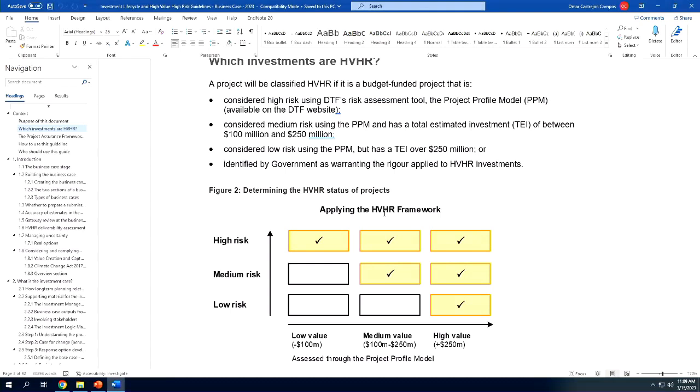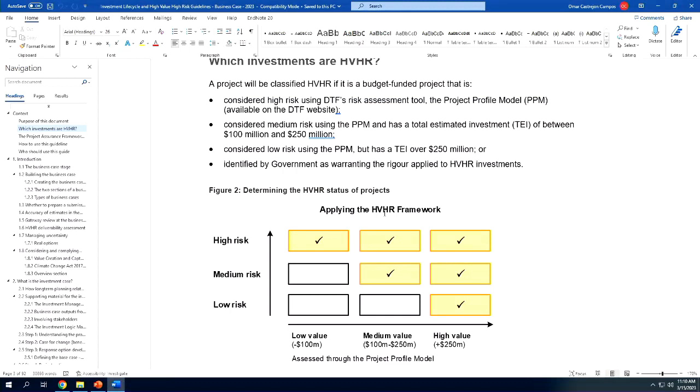Then if it's between 100 million and 250 million, and it's above the medium risk, it's considered as high value, high risk. And if it goes above $250 million, it doesn't really matter if it's considered as low risk, it's going to be considered as a high value, high risk project.